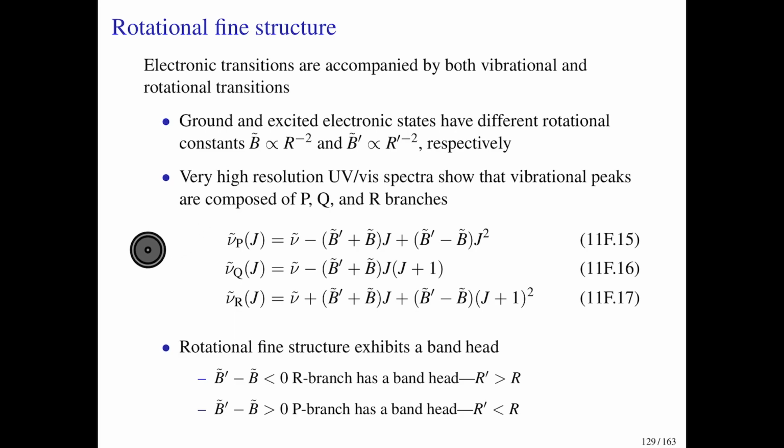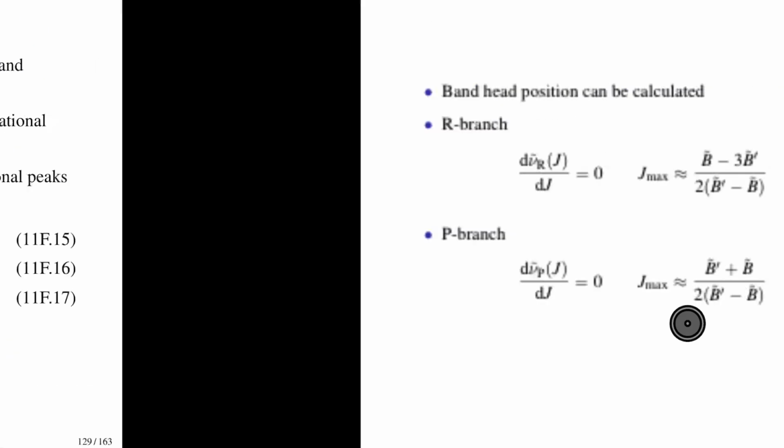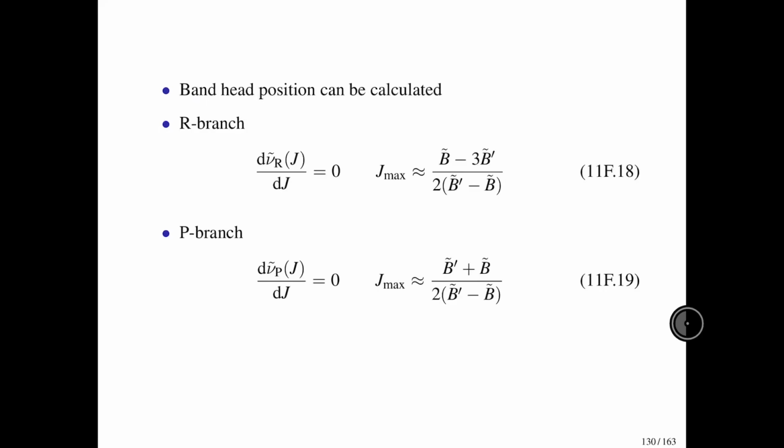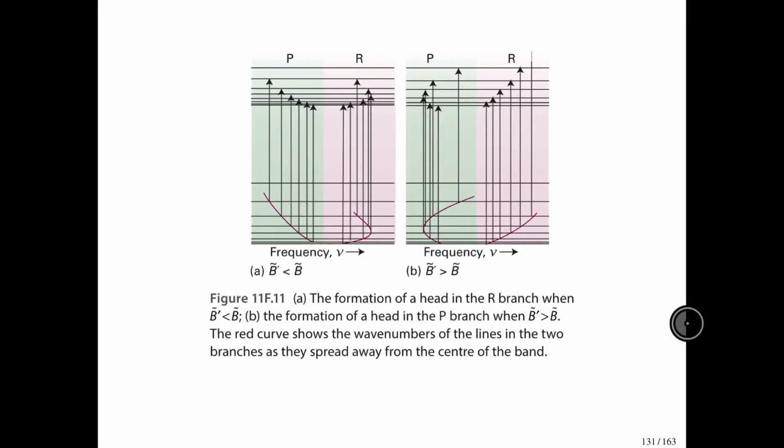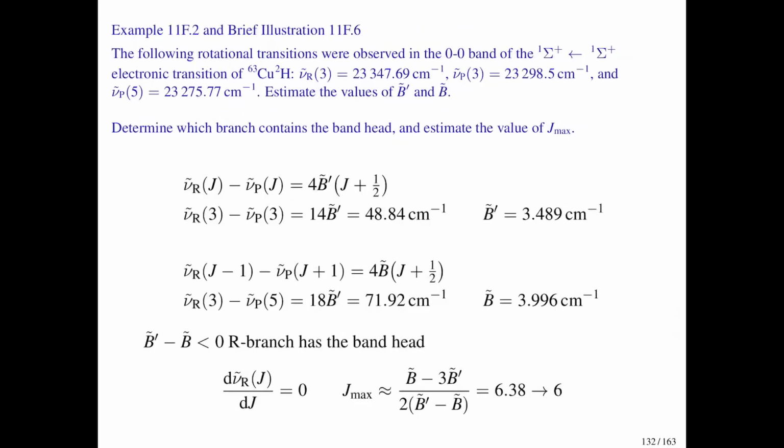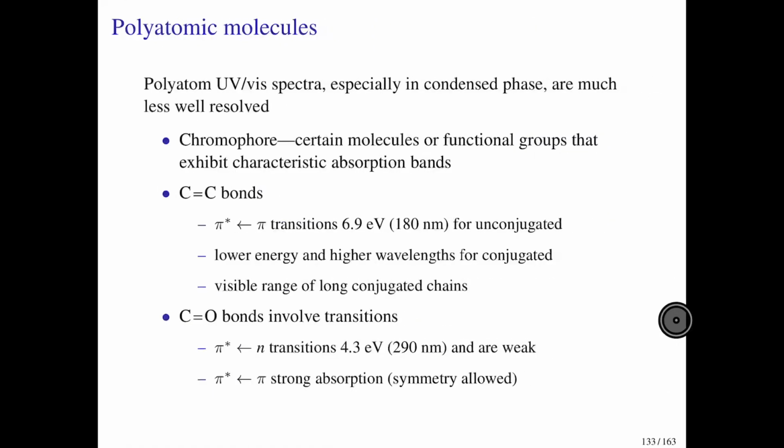You get these P, Q, and R branches. Okay. I don't think we really need to worry about the details of this. It's not something that I would include as a problem, just because you don't encounter ultra high resolution UV vis spectra very often. But there are some interesting facets to it. But I don't think it's worth our time at this point.